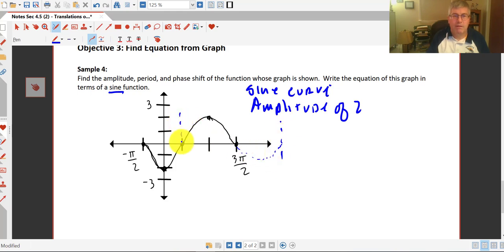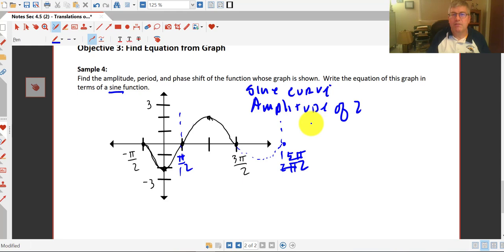Essentially our sine curve is tucked in between pi over 2 and 2 pi. I think I may have mislabeled that, I guess that would be 5 pi over 2. So that's kind of where our curve is.